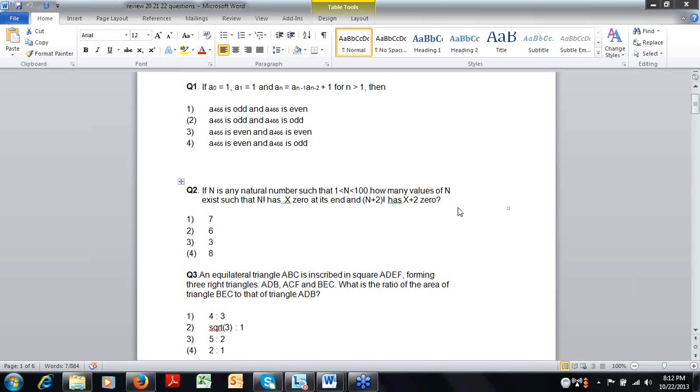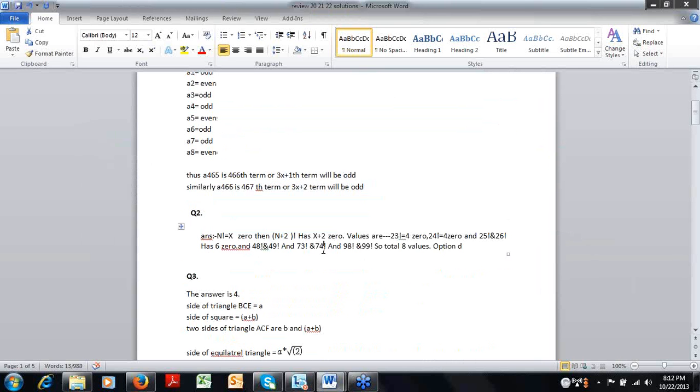Again, it's given n factorial has x zeros and (n plus 2) factorial has x plus 2 zeros. So we are taking an example. 23 factorial has 4 zeros, 24 factorial has 4 zeros, 25 and 26 factorial will have 6 zeros.